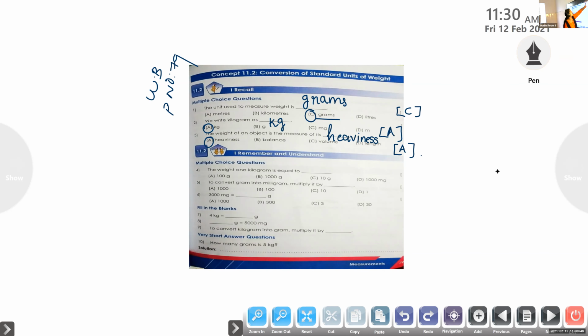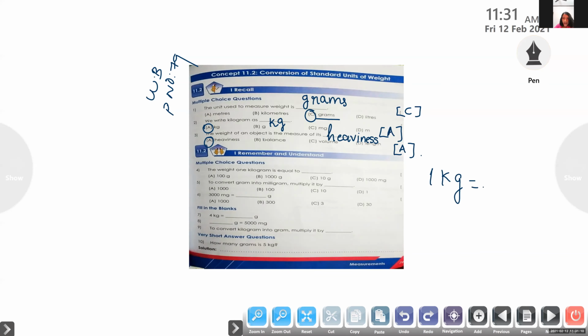Now, next one. Devananda, please unmute and give me the next question's answer. The weight 1 kilogram is equal to how many grams? I'll give one more. 100 grams. Is it 100, my dear?